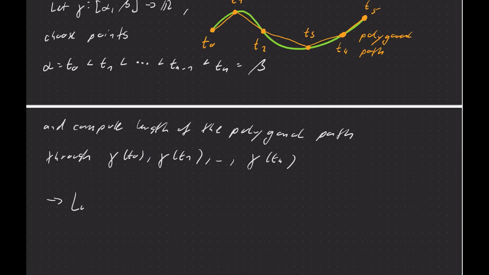That length, we'll denote that by ln for now, is then the sum of all the partial paths here. And each part of that polygonal path has a length of gamma of tk minus gamma of tk minus 1, and then we'll just take the norm of that.